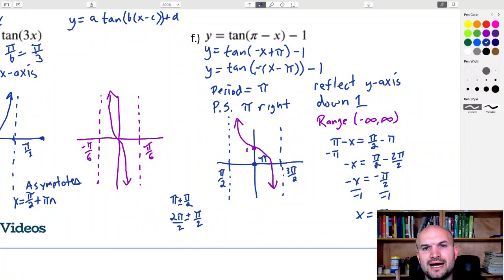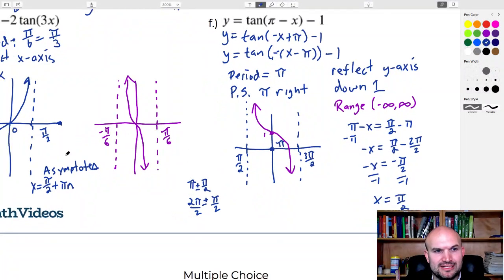So my new asymptote is pi halves, and then what we need to do is simply add the period. I took my original asymptote and added the period n, and that's exactly what I'm going to do here. I'm going to take pi halves and add my new period, which is pi, so I'm just going to add pi n.